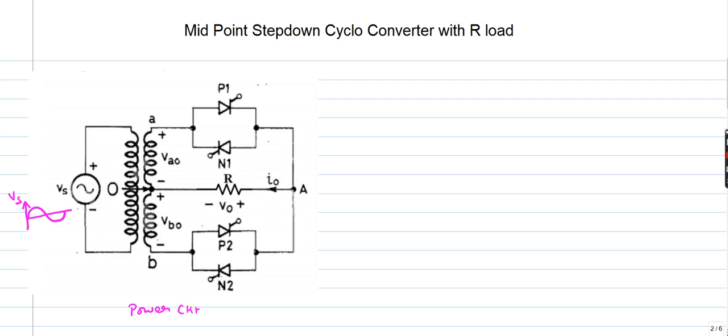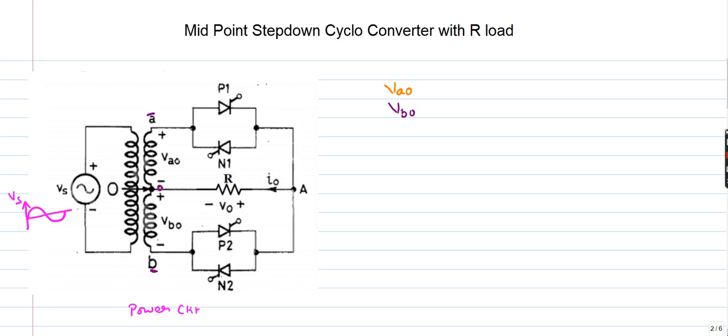Now at the secondary of the transformer, two windings are there. One winding voltage is VAO, another winding voltage is VBO. B is the terminal here, A is the terminal here, and O is the mid terminal of your midpoint transformer.